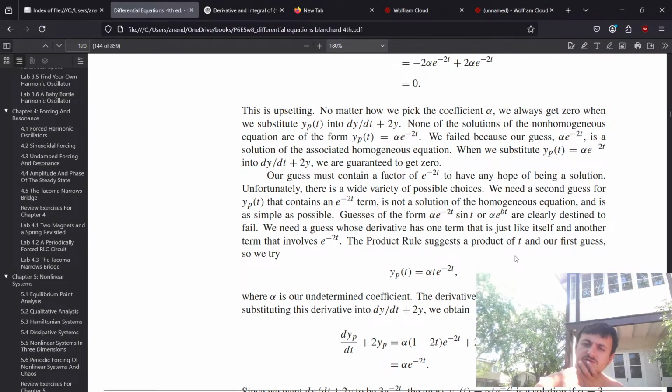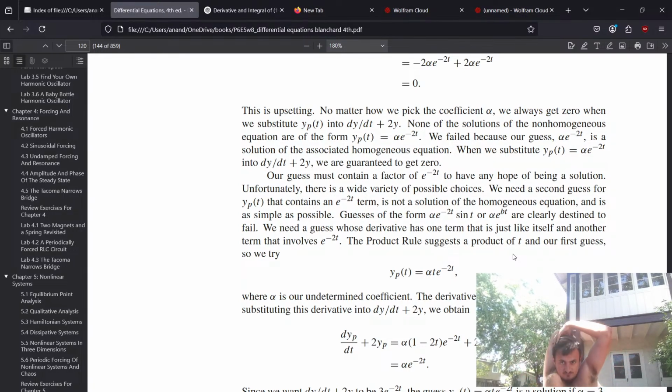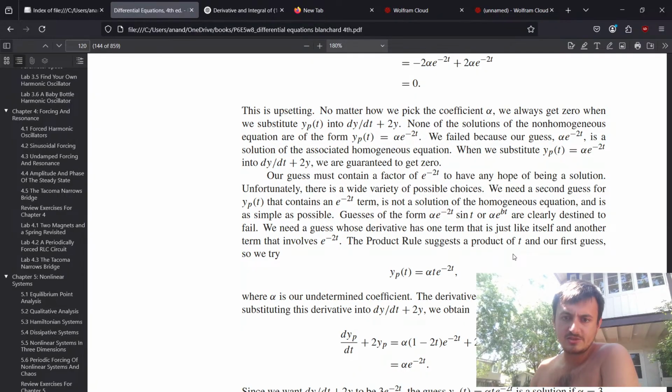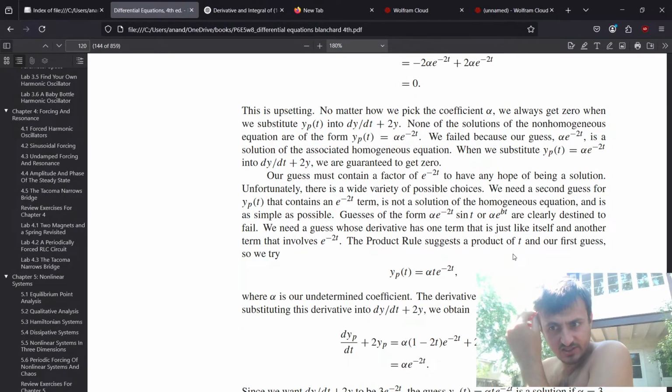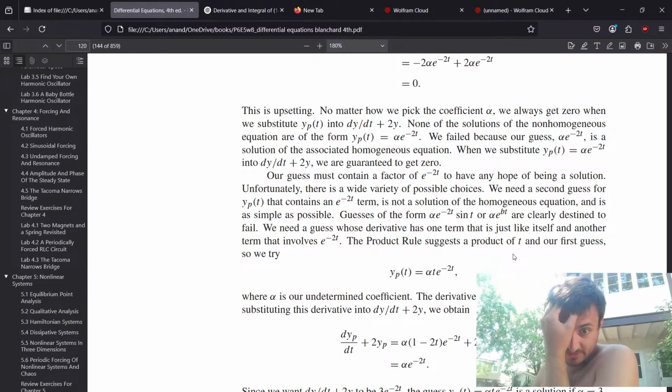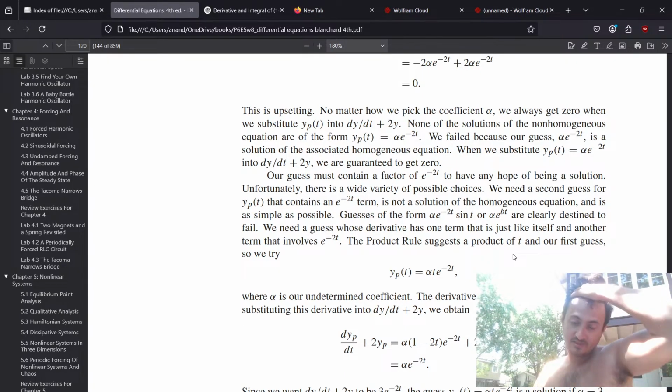We need a guess whose derivative has one term that is just like itself. Dude, I don't like this guessing nonsense. We need a guess whose derivative has one term that is just like itself and another term that involves e to the minus 2t.